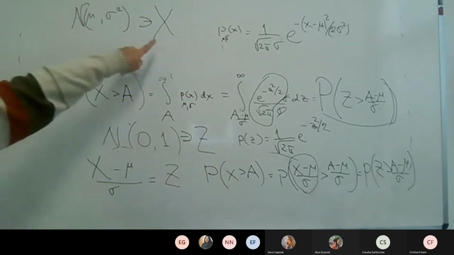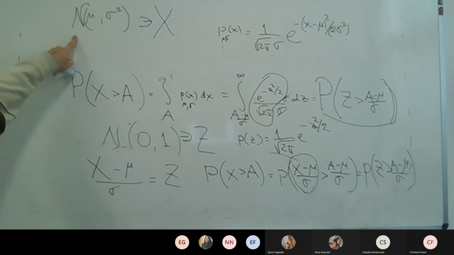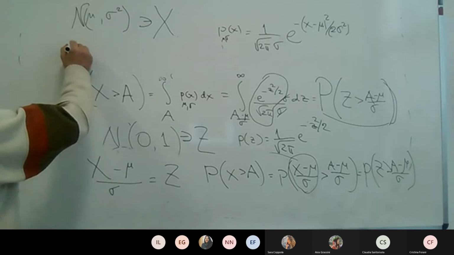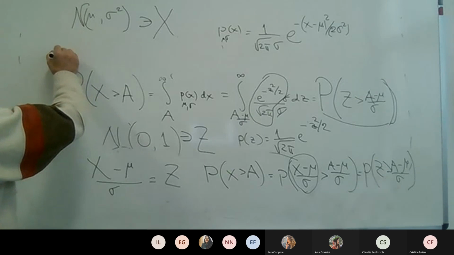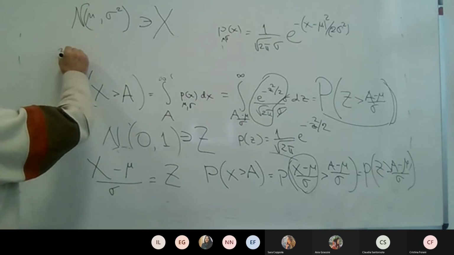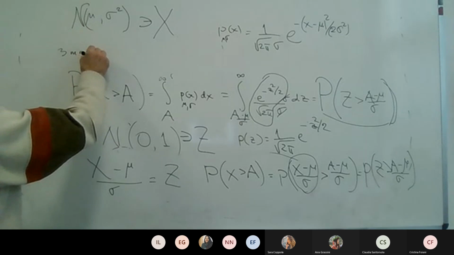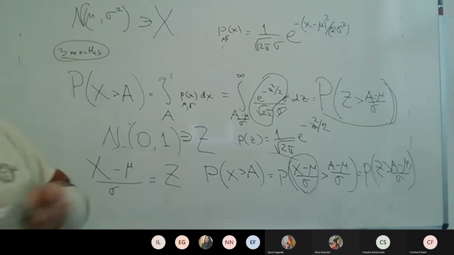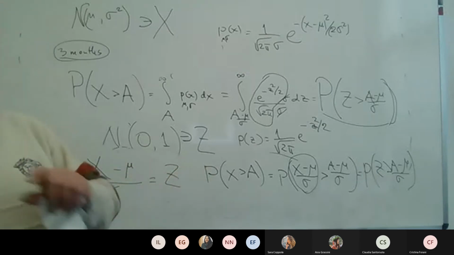Suppose that you have X to be normal distribution describing the number of people infected by coronavirus in the last 2 trimesters. For example, we have, let's say, no, last trimester, 3 months. The period is 3 months. For 3 months, some statistical experiments are done, statistical data.